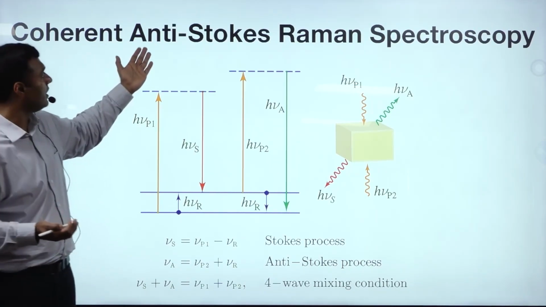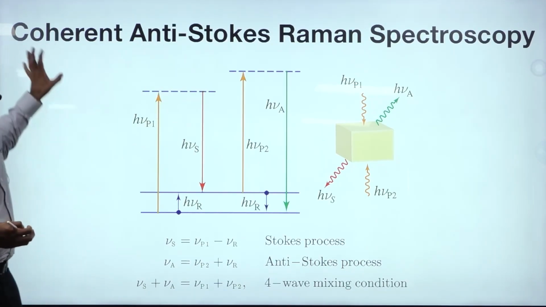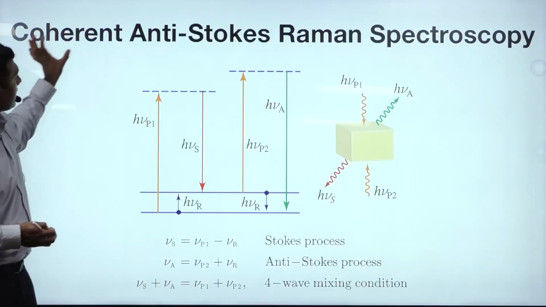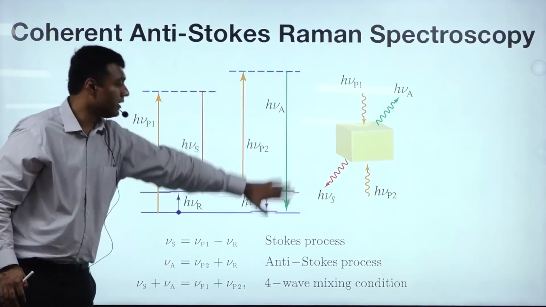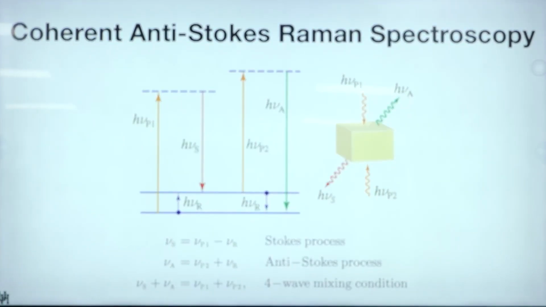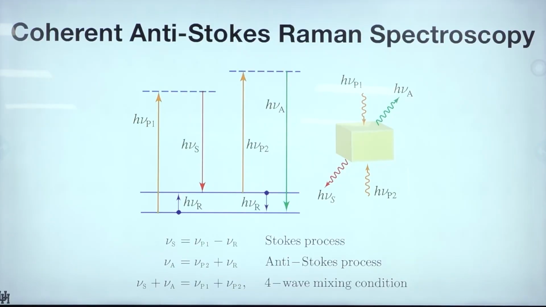So it's anti-Stokes Raman spectroscopy, but you do coherent scattering, meaning you have two wavelengths incident at the same time. One pushes the electron to an electronic state, the other one pushes it down, and in this process you get a green light output from the sample, and this is called CARS, or CARS spectroscopy.